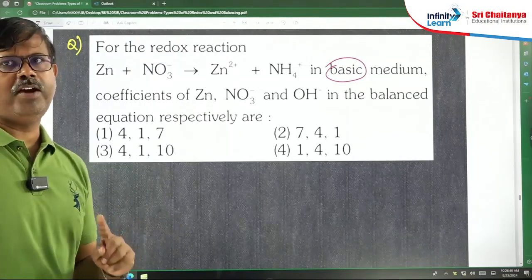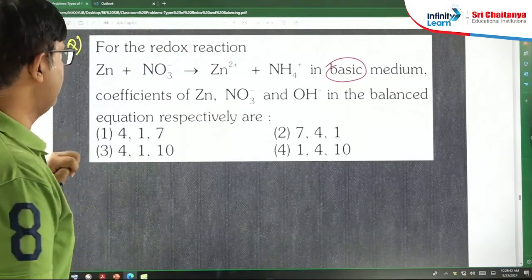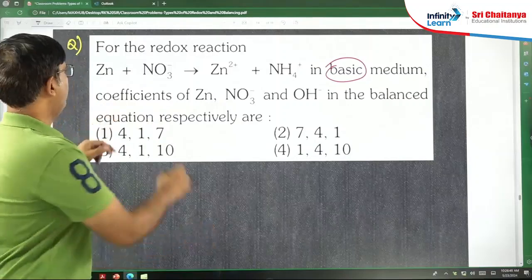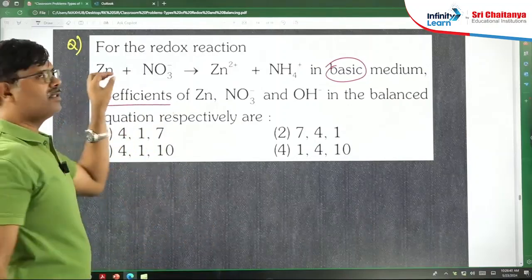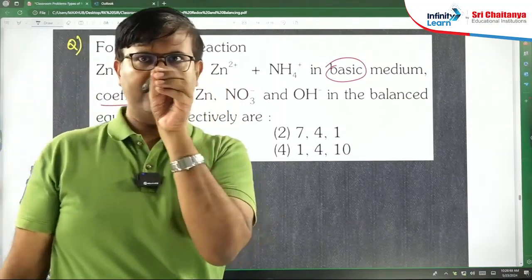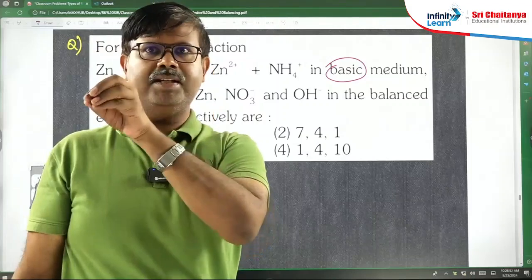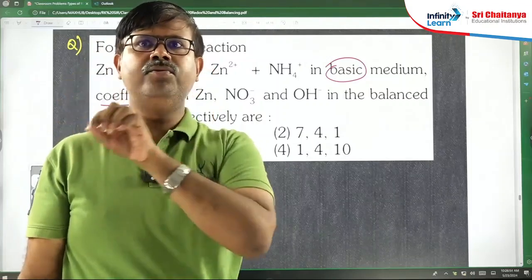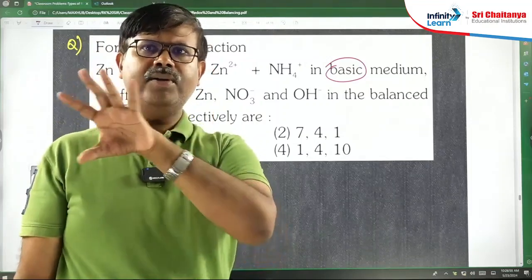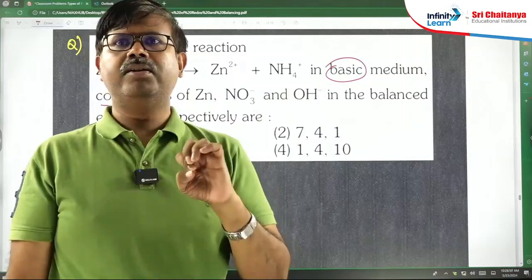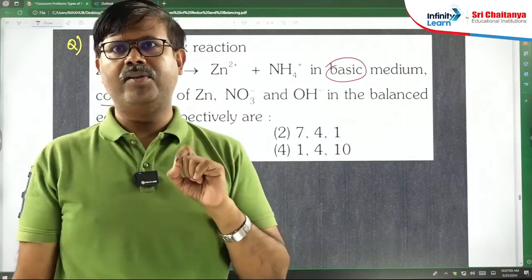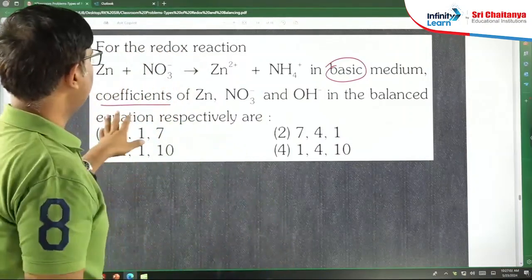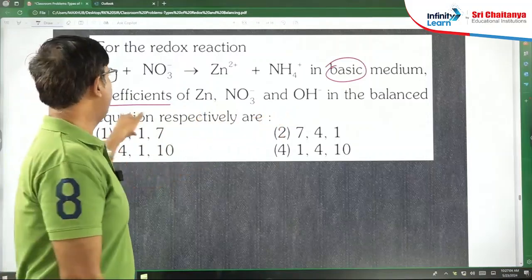You have to use OH minus in balancing. They are asking what the coefficients are. Coefficients means the numbers we write before the species in balancing, like 2 Zn, 3 Zn. Those numbers are called stoichiometric coefficients. So we have to find the coefficients in the balanced equation.